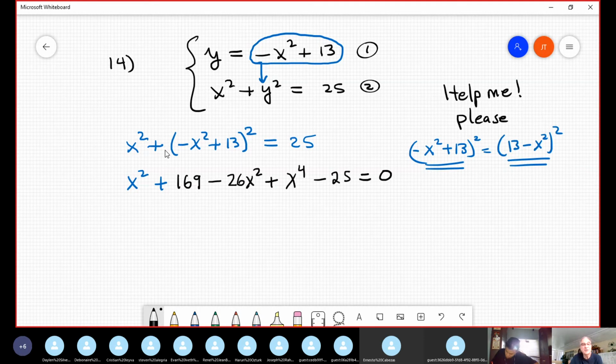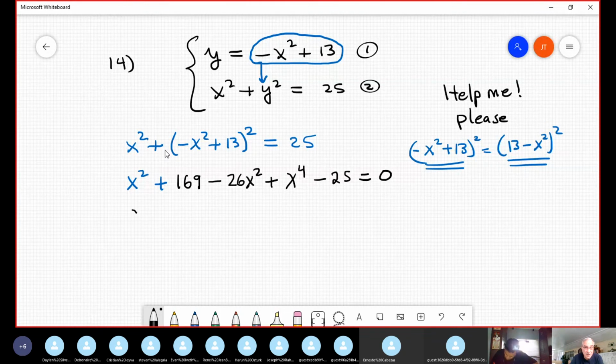I put it equal to 0 on the right hand side because I realize this equation looks similar to a quadratic, not quadratic because the degree is 4, but it is quadratic in form. So we combine like terms.